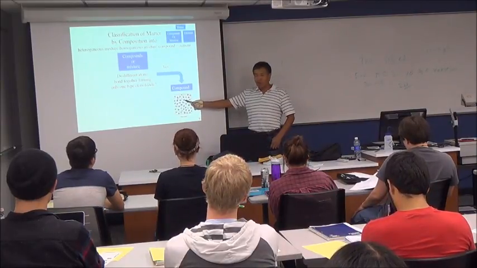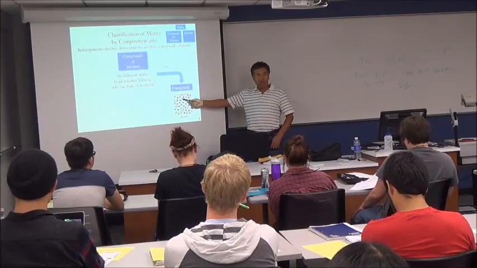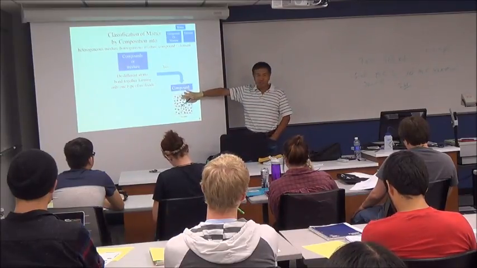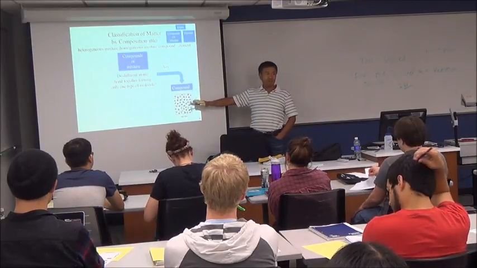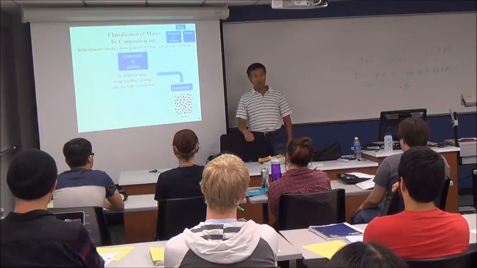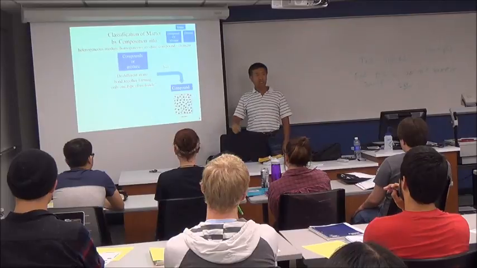The red one represents oxygen. The white one represents H. Now, if I give you this material, you ask the first question: does this material have only one type of atom? No, we have red and we have white.